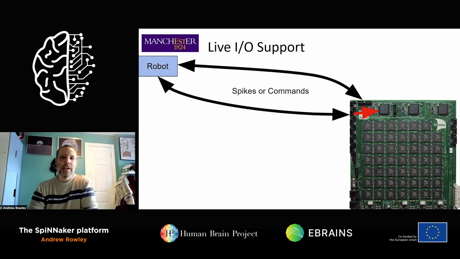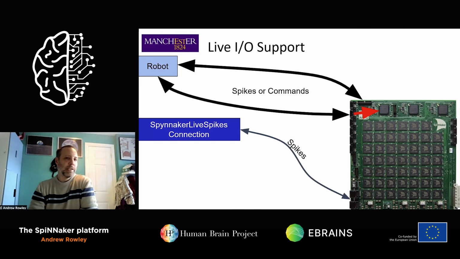We support interaction via the various inputs that I talked about previously, which you can do directly, but we also support direct connections over Ethernet as well. So if you haven't got complex hardware to plug in, you can do this with Ethernet as well. So it's not too bad. And then you use some software in the middle which deals with this. So you can see here we've got a live spike connection.